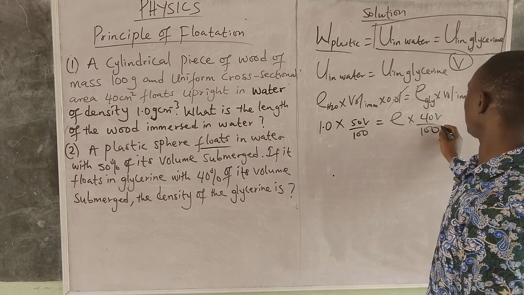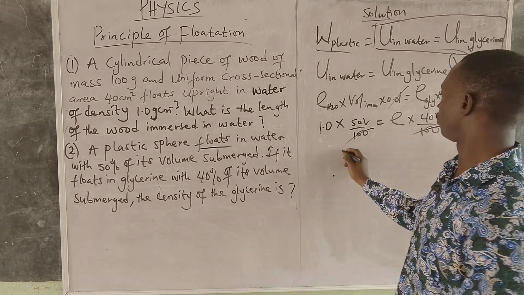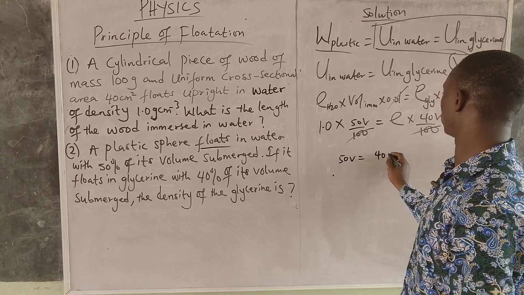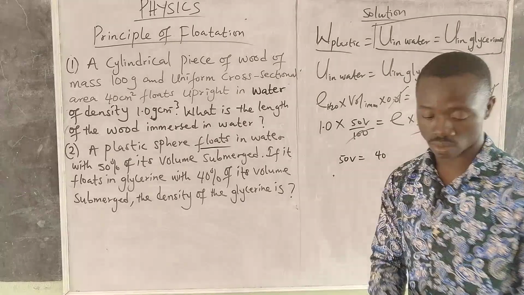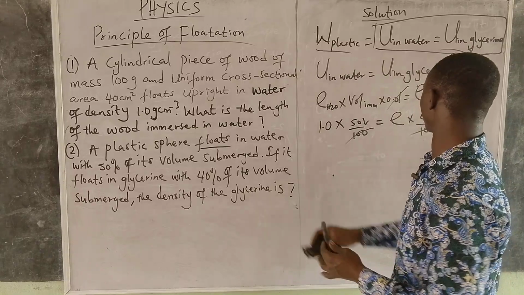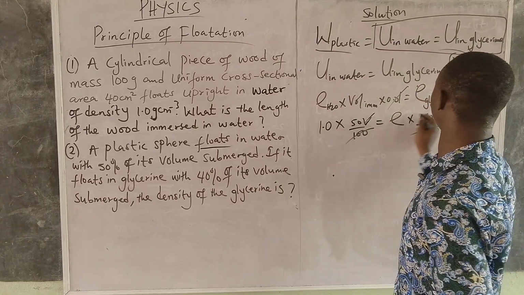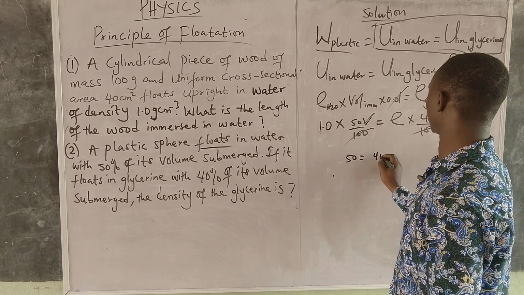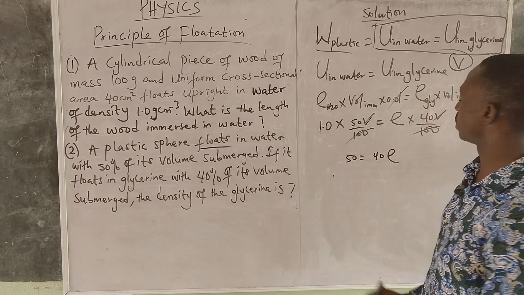Now this can cancel out, and V can also cancel V. So 50 equals 40 times the density of the glycerin.